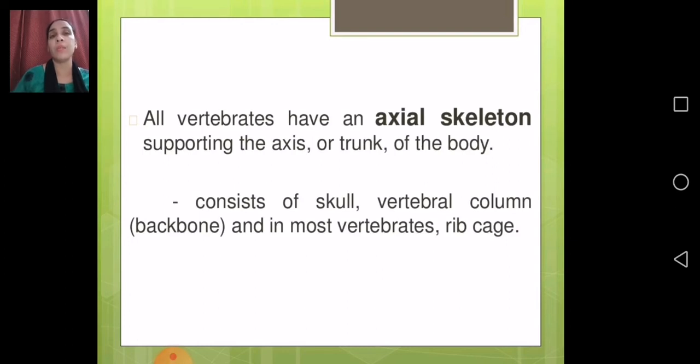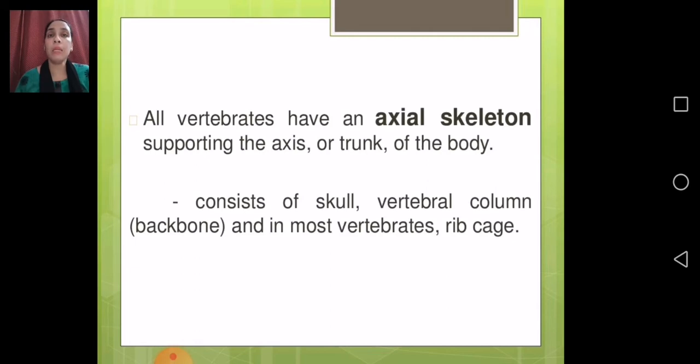Now here vertebrates means I am talking about human beings, or we are talking about different animals, those who have such a kind of axial skeleton. Now this axial skeleton supports the axis or trunk of the body of that particular animal.